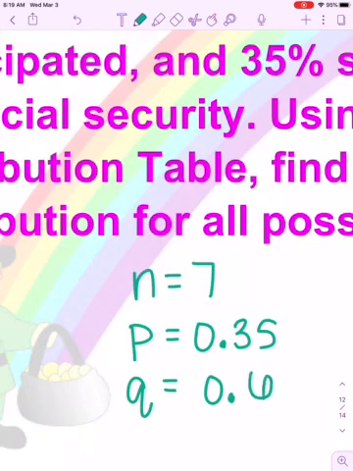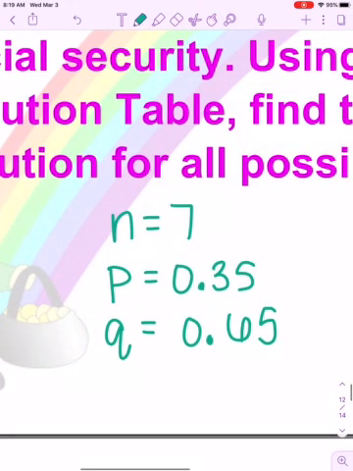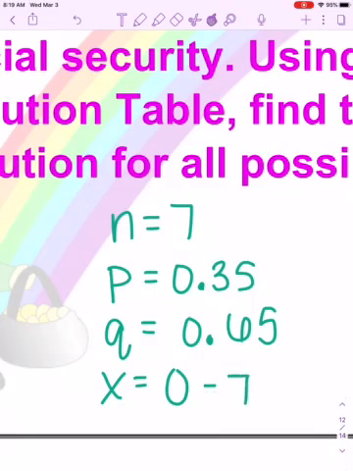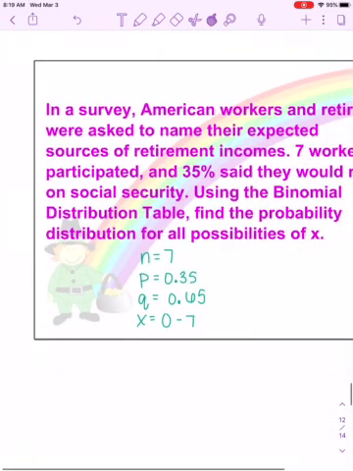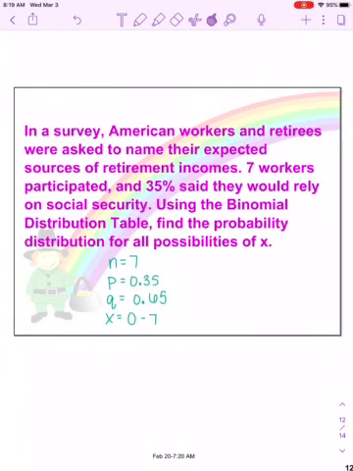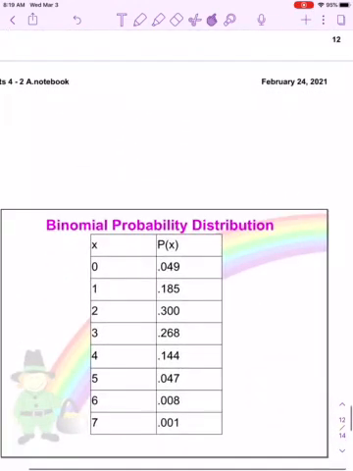So then your probability that they do not rely on Social Security is 65%. And your possibilities of x are 0 through 7. Okay, because none of them, all the way through all of them. And this says use a binomial distribution to find the probability for all your possibilities of x. So you would do that formula 8 times to fill all those probabilities in.